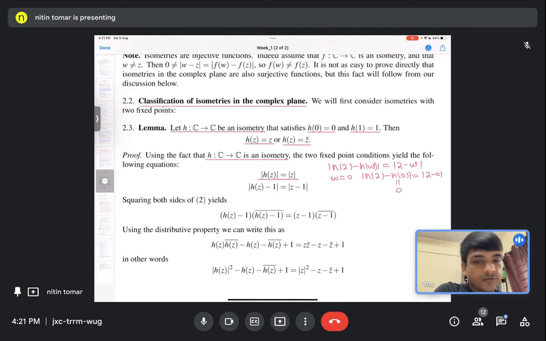But H(0) is 0, so finally you will have mod of H(z) equal to mod z, which is equation 1. Now again you put w equal to 1, that is H(z) minus H(1), it should be equal to mod of z minus 1, but H(1) is 1. So you will get equation 2.